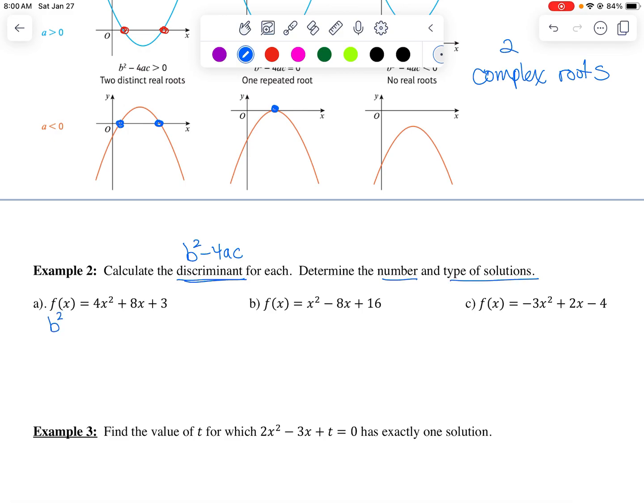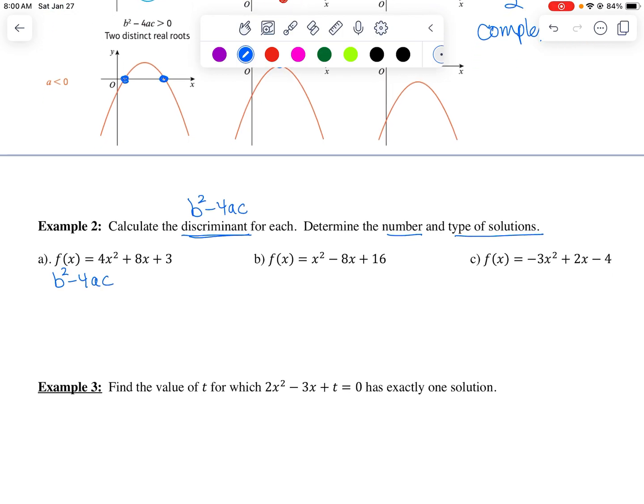So I'm going to write it down every time so that we've written it 4 times at least. So b squared minus 4ac. A is 4, B is 8, C is 3. So that is 8 squared minus 4 times 4 times 3. That's 64 minus 48, which is 16.